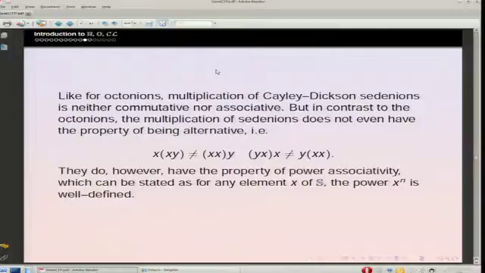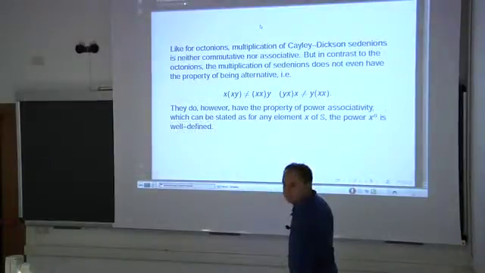But for octonions, you at least have the property called the alternative property for an algebra: x(xy) = (xx)y, and (yx)x = y(xx). Sedenions do not have this property.